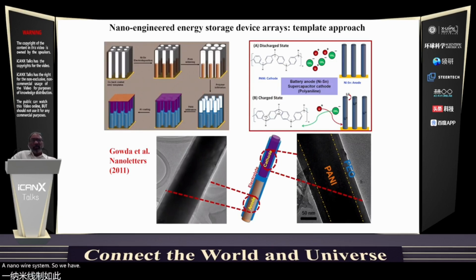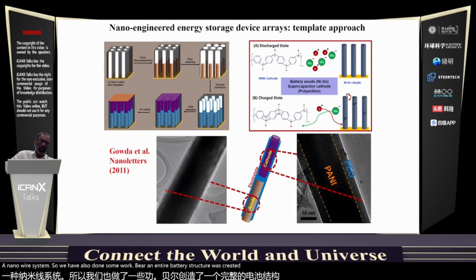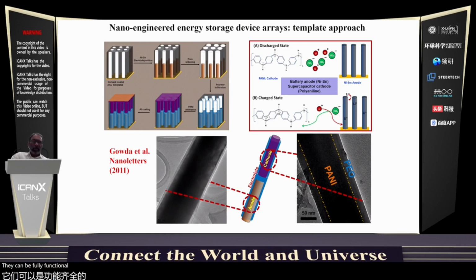So we have also done some work where an entire battery structure was created within a nanowire, and you can show that they can be fully functional batteries. Again, many of these engineering approaches depend on the system that you want to look at. Not all materials are possible, but there are ways of creating at least select systems into these type of nano-engineered formats.